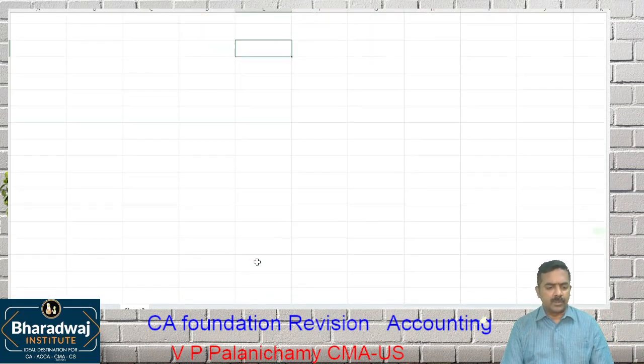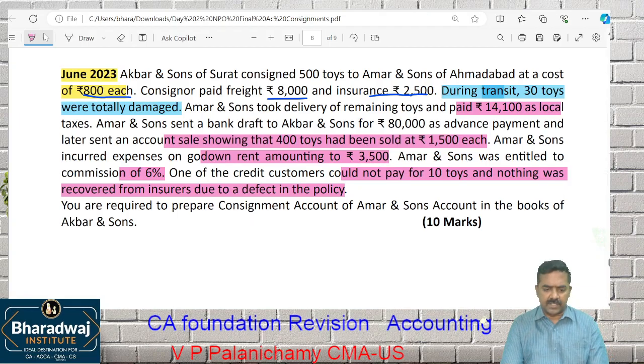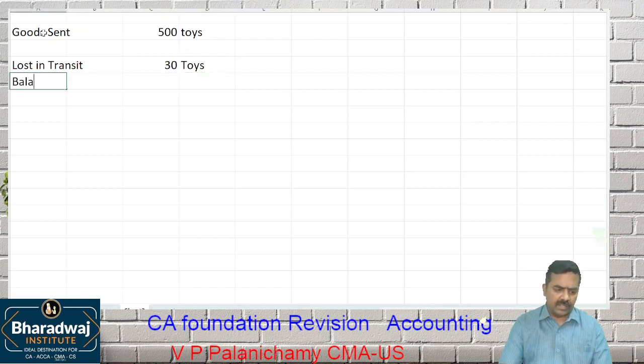Now I request you to analyze the stock first. How much of goods sent? 500 units, 500 toys. Lost in transit, how many toys? 30 toys lost in the accident. So balance delivered? 470 delivered.